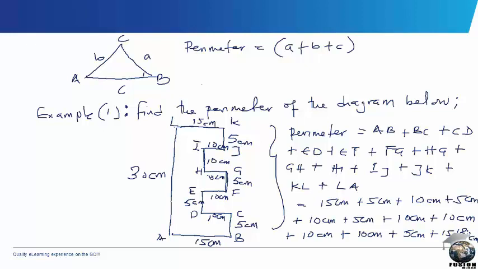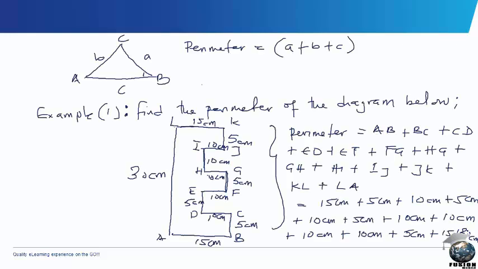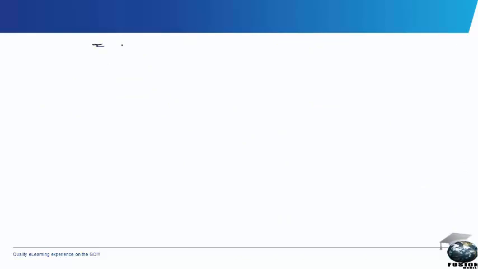We'll continue in the next slide. LA is 30 cm. So we try to add the values together. When we pick the values of 10, we have 50, after picking the value of 10, plus 65, plus 15. 65 plus 15 will give you 80, which will give you 130 cm.